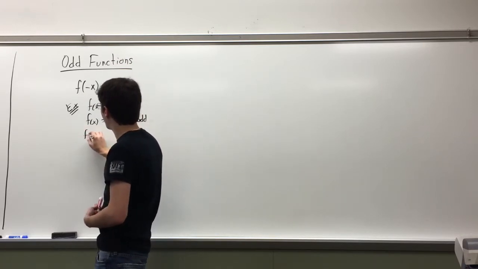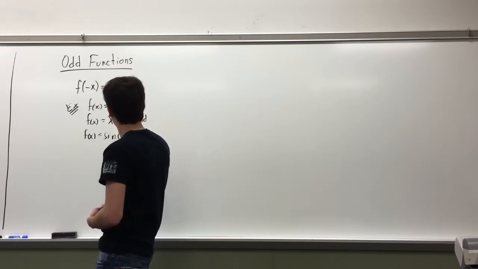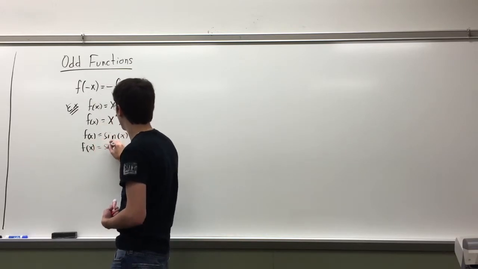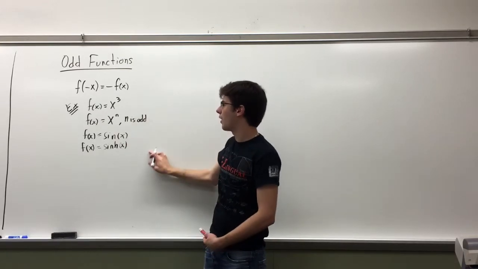Or we could say f of x is equal to sine of x. Or we could also say f of x is equal to sinh of x. All of these are examples of odd functions.